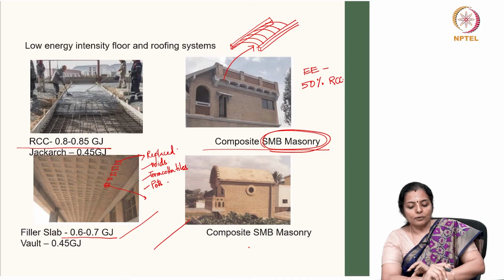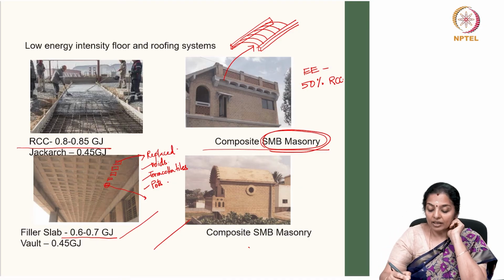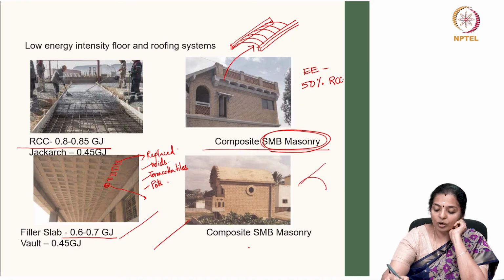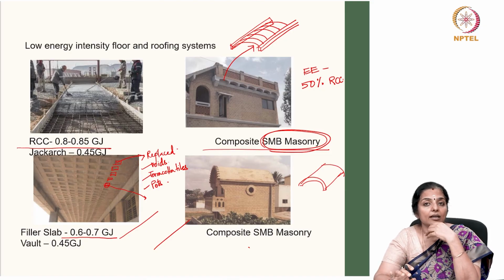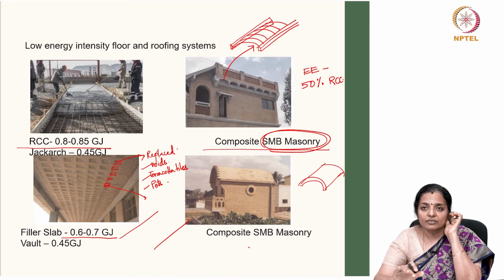Whereas if you look at composite stabilized mud block masonry vaults, what happens? There is no reinforcement. It is just stabilized brick masonry. And this is actually a very old technique. These vault and dome constructions are very old techniques, and that too using unreinforced masonry. It is due to the advent of steel and RCC that these techniques were abandoned during the British period.